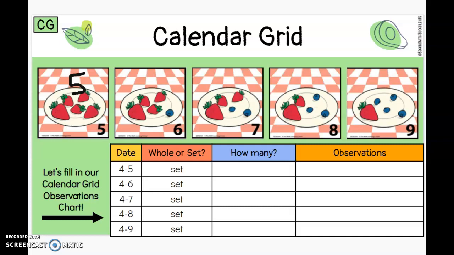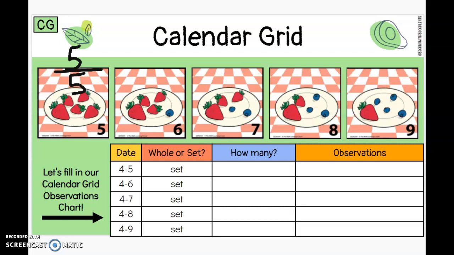Hold up your fingers. Yeah, 5 of those 5 pieces of fruit are strawberries. Because all of the first picture is strawberries, we're really going to focus on our strawberries for this set. So we want to know how many strawberries are there. We would say for our first picture that there are 5 strawberries.